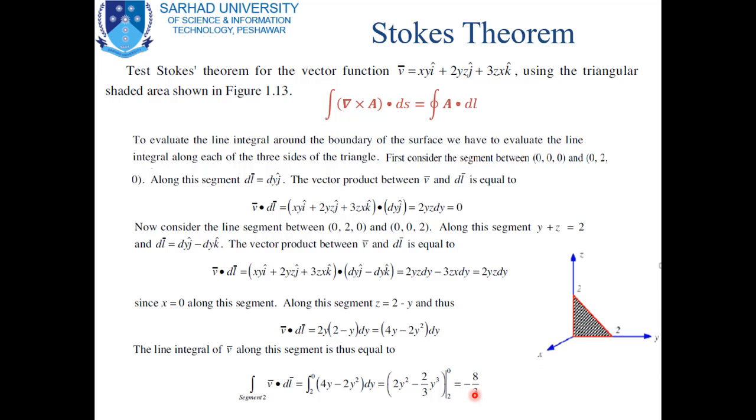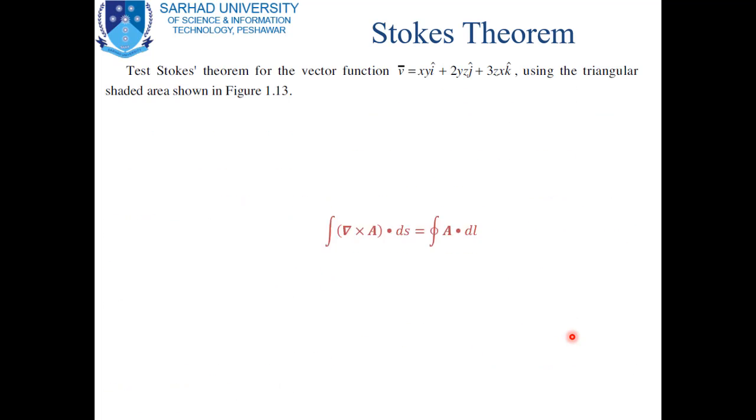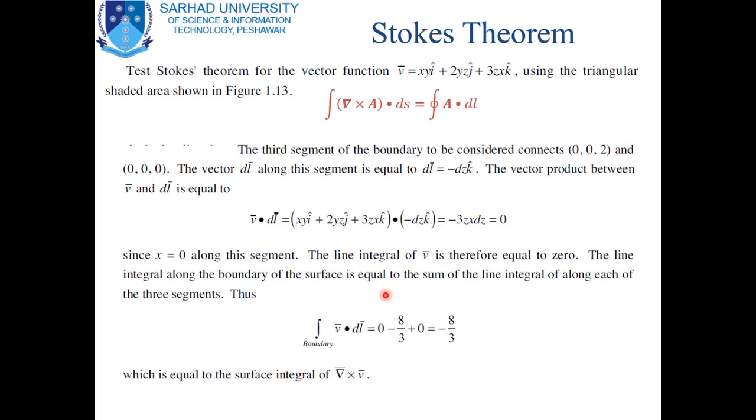Now we will have the vertical part. We have to find the line integral for the vertical part from 2 to 0, where x and y are equal to 0. So the remaining part, in which we calculate the line integral for the vertical segment, moves from (0, 0, 2) to (0, 0, 0).